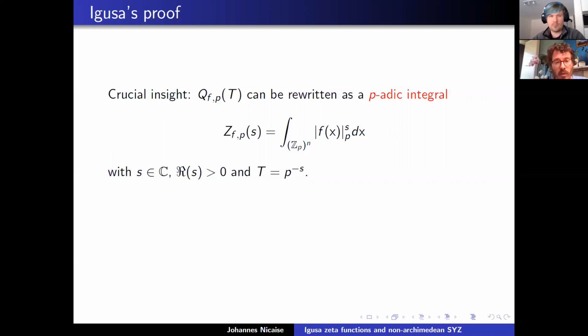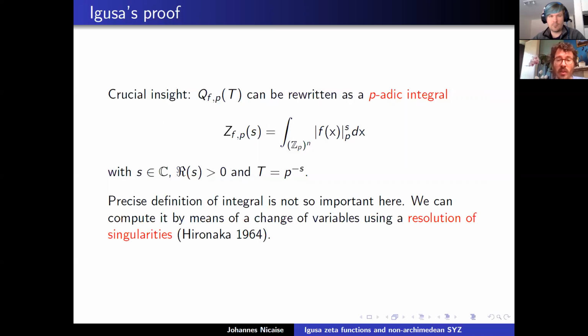It's not terribly important how they are defined, but what is important is that they satisfy similar properties as integrals, and crucially, they satisfy a form of change of variables. And so Igusa's idea was to perform a convenient change of variables so that we can explicitly compute the integral, at least locally on the domain after this change of variables. And so the change of variables that we use here is a resolution of singularities.